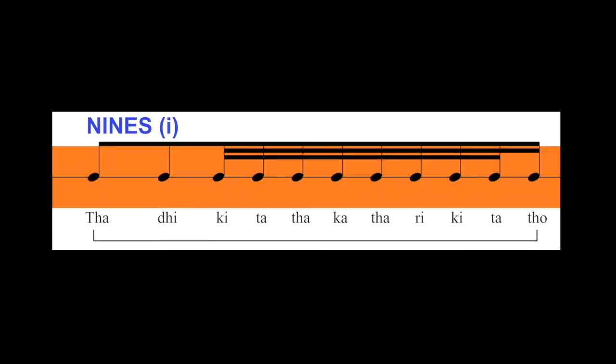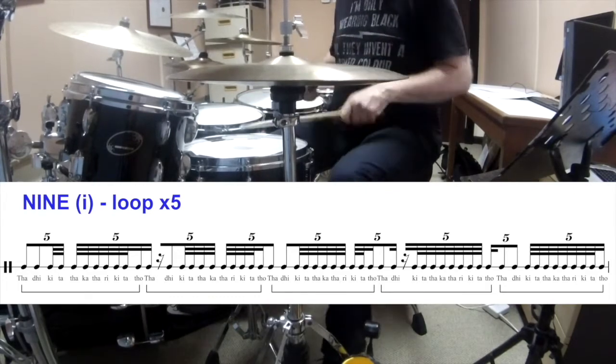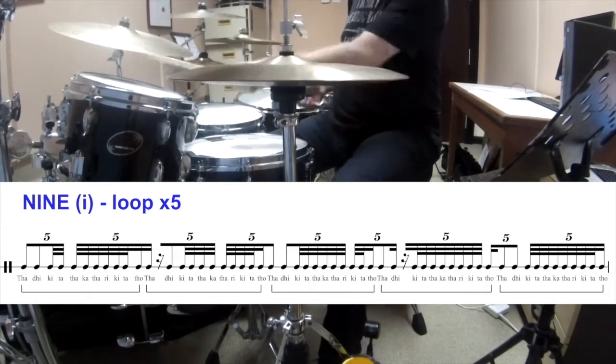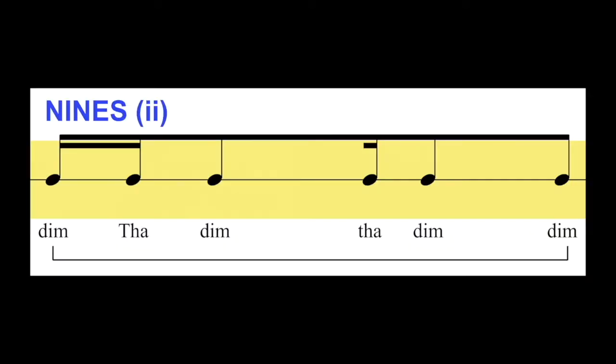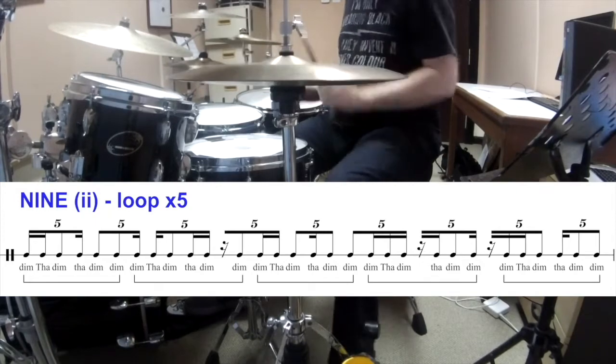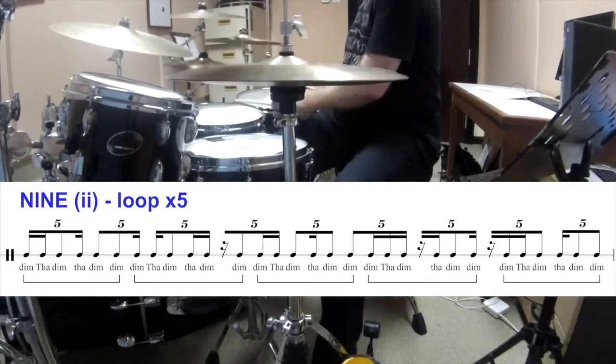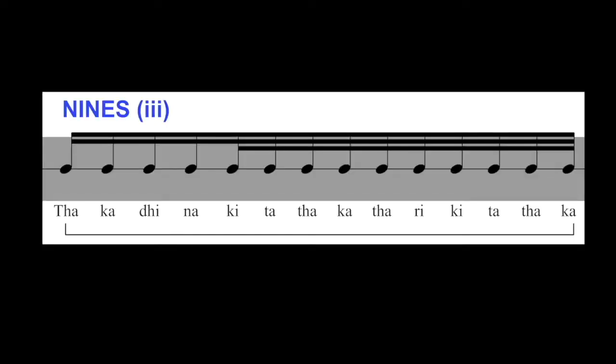Section C1 is comprised of 9s. There are 3 different kinds. Let's hear the first one. Here's the second. Here's the third.